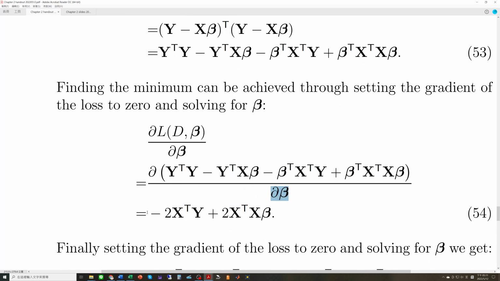After some calculation, we will find that this equation is equal to minus 2 X transpose y plus 2 times X transpose times X times beta. How do we get this equation? Let us see the handout.